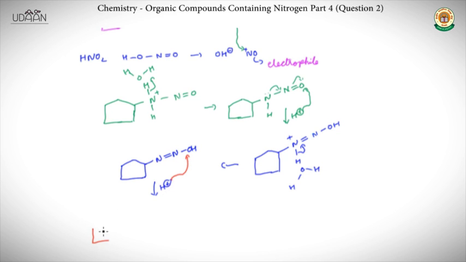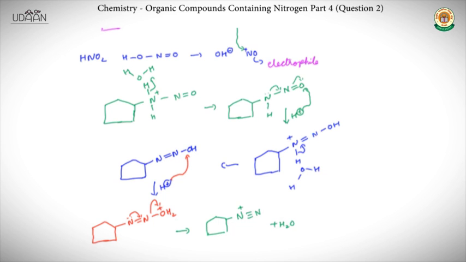You are going to get this compound N double bond and OH2 plus, and this donates these electrons, and this bond shifts in this direction, and you are going to get this compound, this one, N triple bond N plus water.